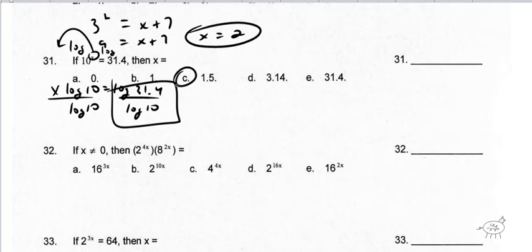But you can also look at it logically. If I was doing the problem, I'd look at it and go, well, 10 to the 0 is 1, 10 to the 1 is 10, 10 to the third is 1,000, and 10 to the 31.4 is huge. So it's got to be this one. And plug in your calculator, 10 to the 1.5, and you get 31.4. Okay, C.